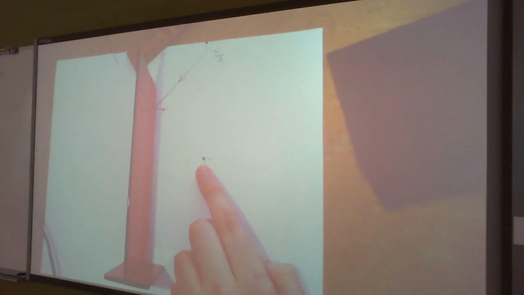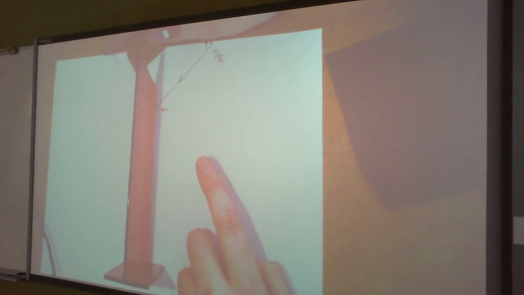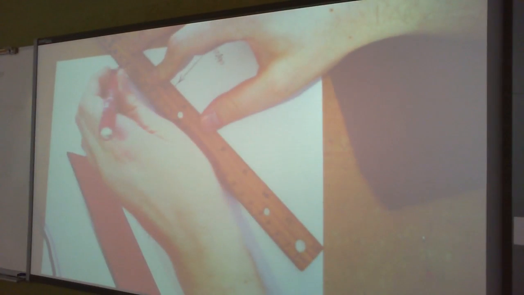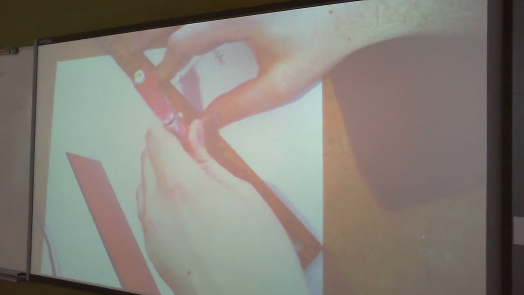Try and do that. Place a pin in line with that image location so that this pin is in line with your image. Does everybody have that? And then you could draw a line directly from your image to that line.